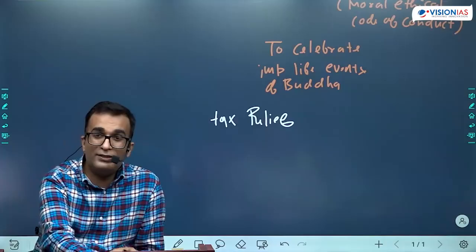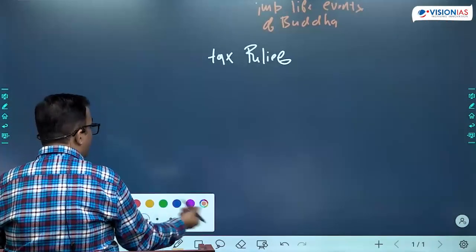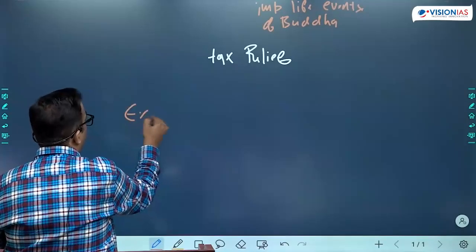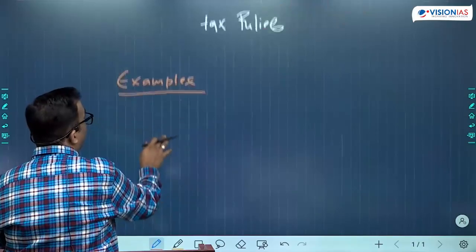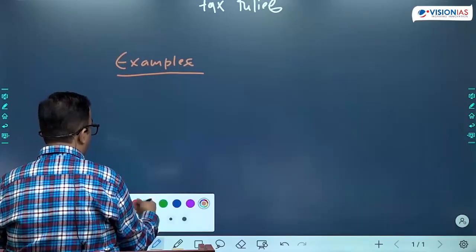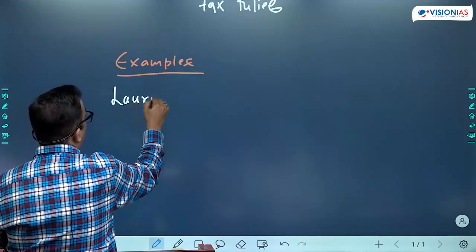Now let's look at the examples of the pillar, and in fact in the examples what is important is basically the crowning animal. Okay. So the first example, mention Lauria Nandan Gadh pillar.